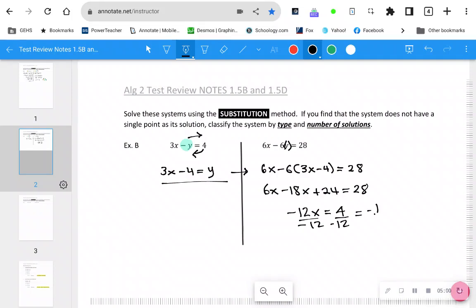You get -1/3. And this is canceled. So we now know what x is. I'm going to go ahead and write negative 1/3 here for the x. I'll anticipate the answer. Now that information comes over here, and you're going to replace this x with negative 1/3.